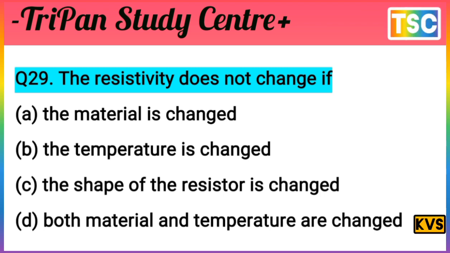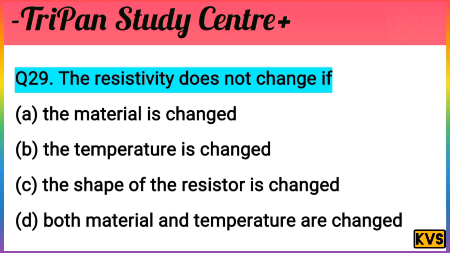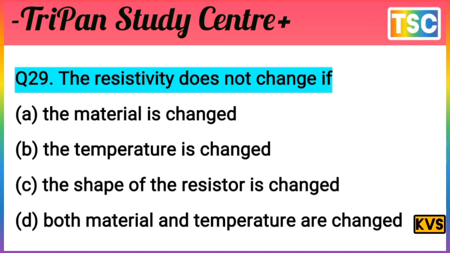Let's see what the answer is. The resistivity does not change if the material is changed, the temperature is changed, the shape of the resistor is changed, or both material and temperature are changed. If the material is changed, that's the wrong answer. If the temperature is changed, that's not the correct answer either. So A and B are rejected. D is also rejected, because it involves both temperature and material.